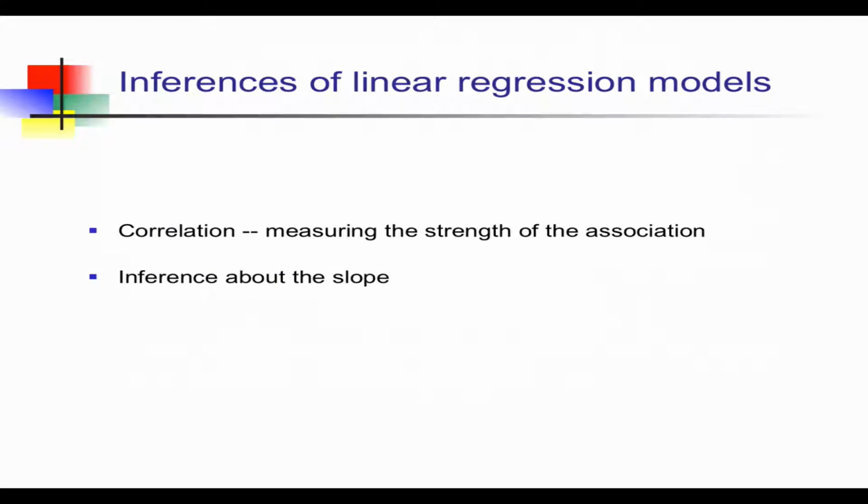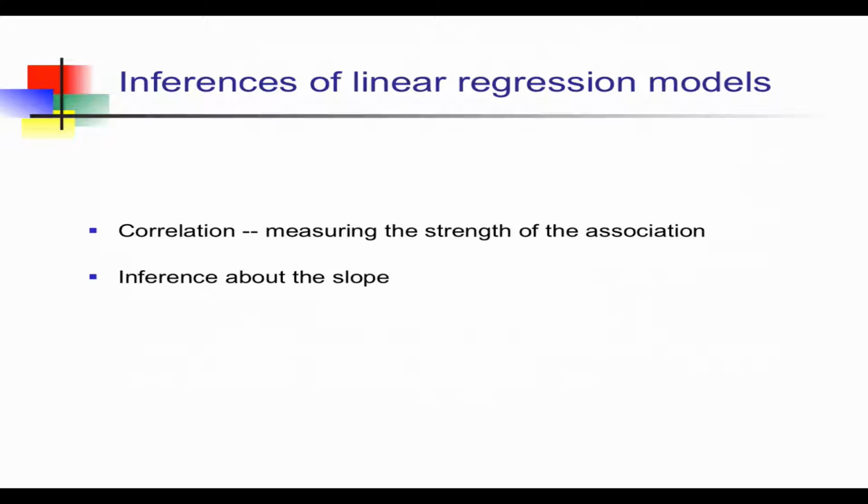And after that, the next topic in regression is inference. When we talk about inference, essentially we talk about inference of beta 1, because you have estimated beta hat 1 and you're trying to use your sample to infer whether beta 1 equals 0 or not.